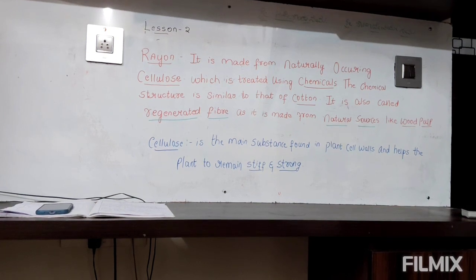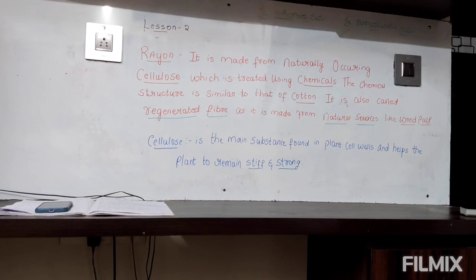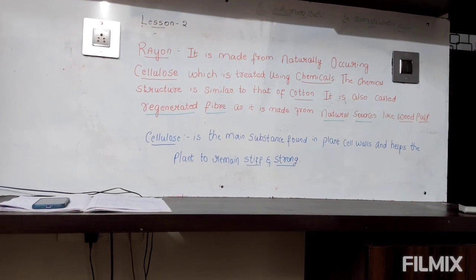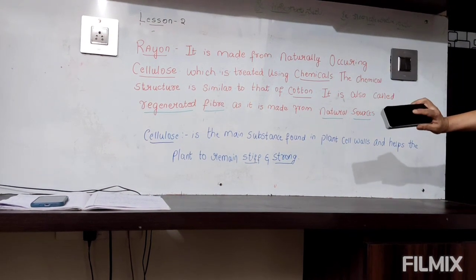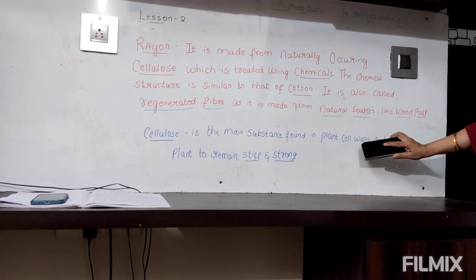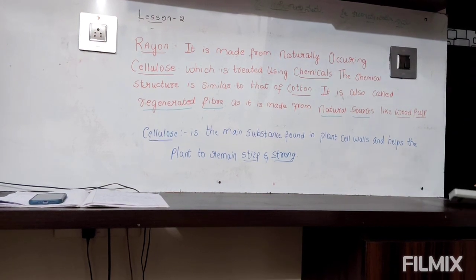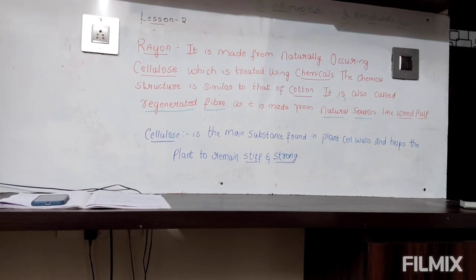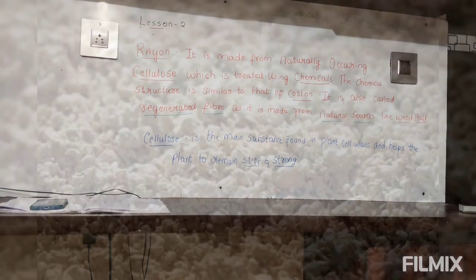It is also present in the stem of the plant, leafy vegetables, etc. I repeat again, naturally occurring cellulose is the main substance present in plant cells which helps the plant to remain stiff and strong.